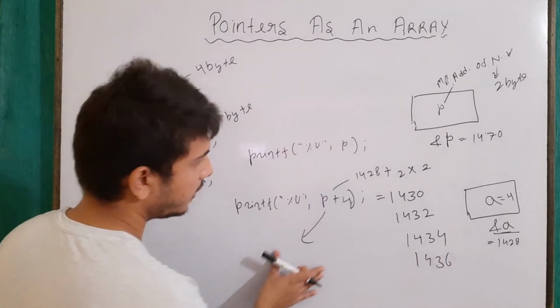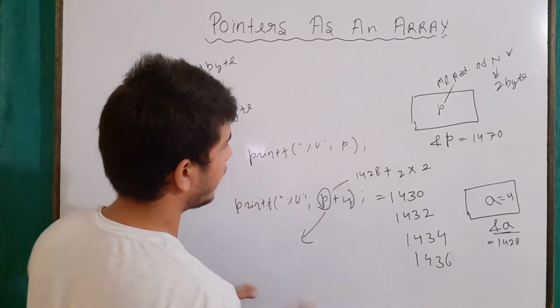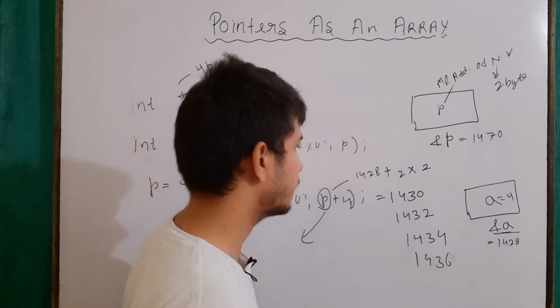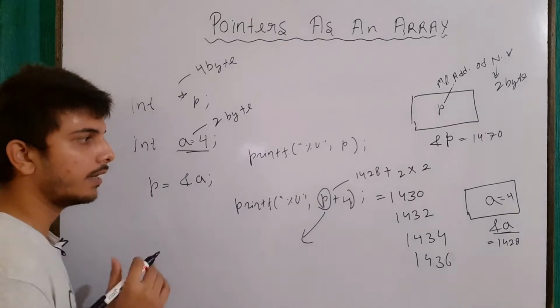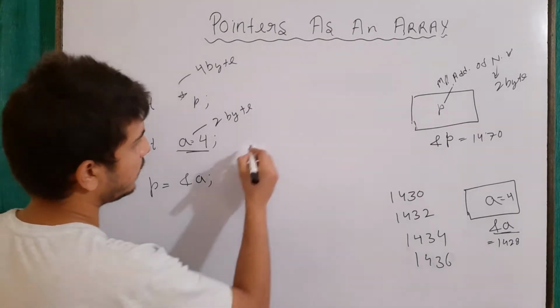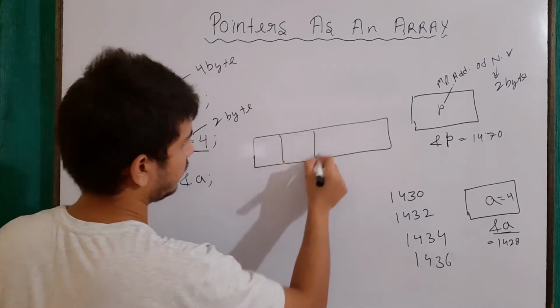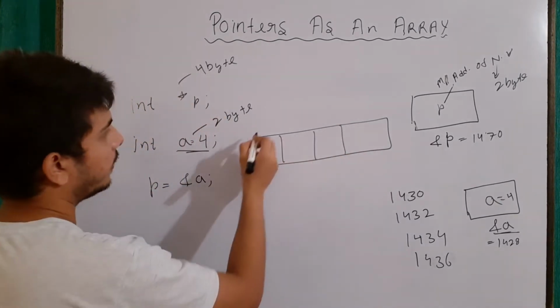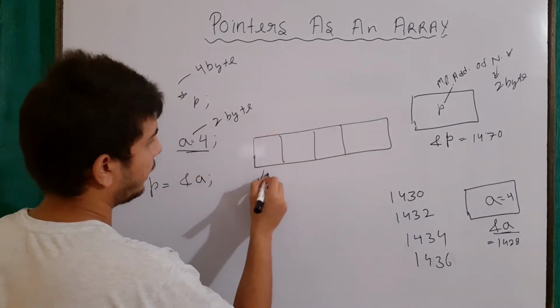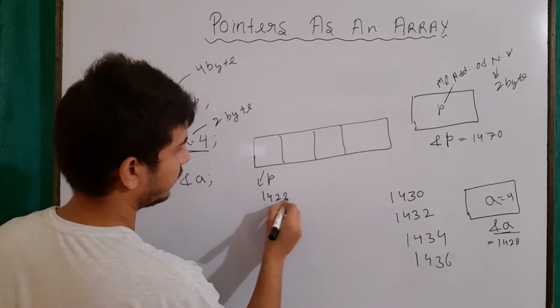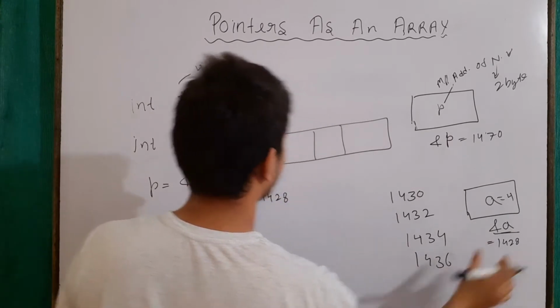Now we are able to see that using p I am able to access contiguous memory locations, just like what happens in an array. So now I can draw a figure like this, and let's say it was pointed to by p, and the address was 1428, p holding the address of a normal variable.